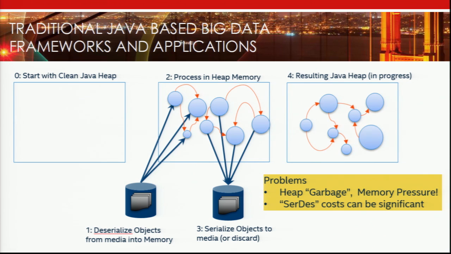So serialization and deserialization cause a lot of garbage collection pressure. It's not just the data being used; serializing and deserializing also create a lot of garbage. So the cost of collecting that garbage plus the SerDe cost is really significant.